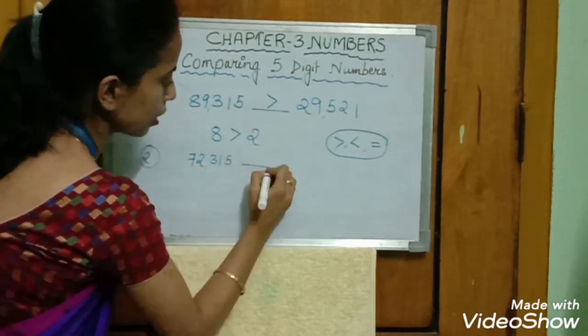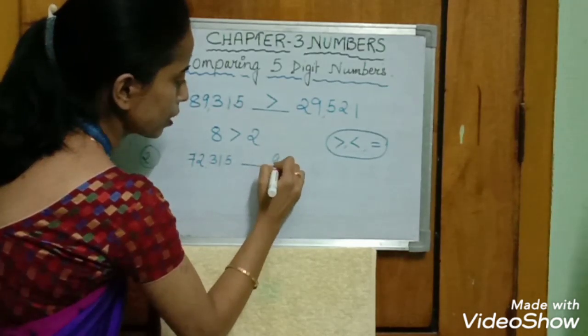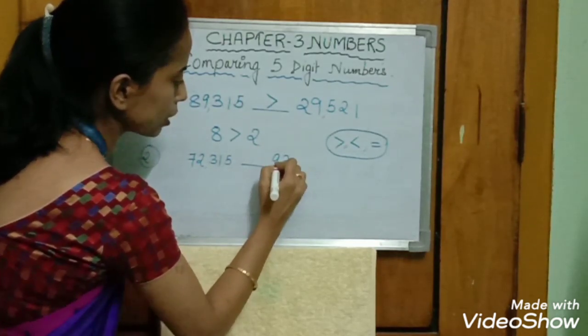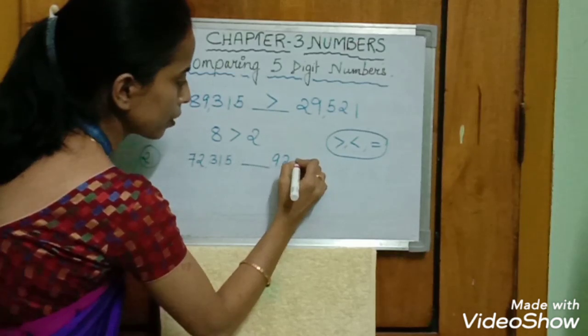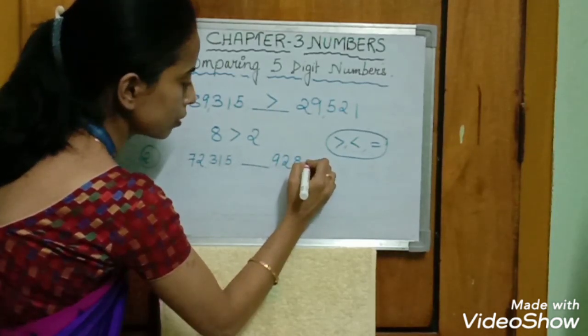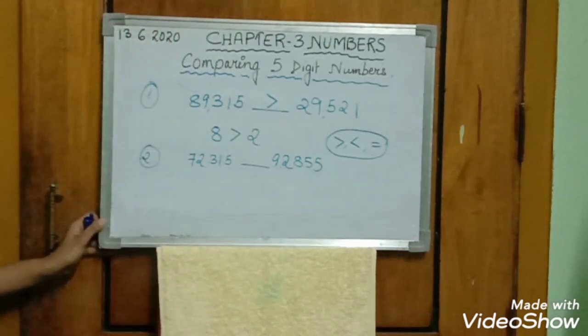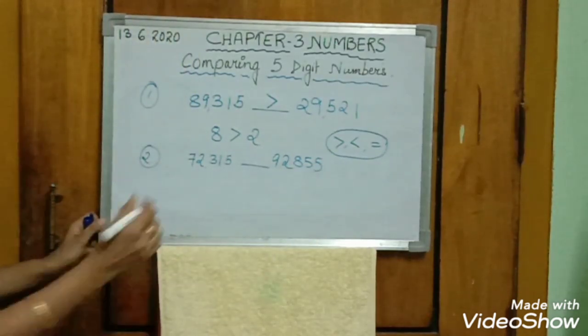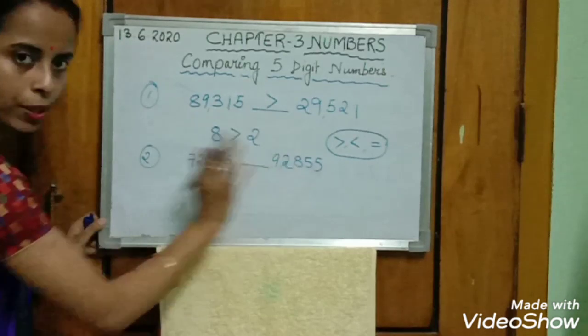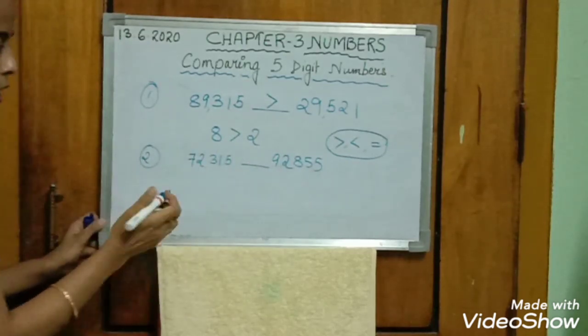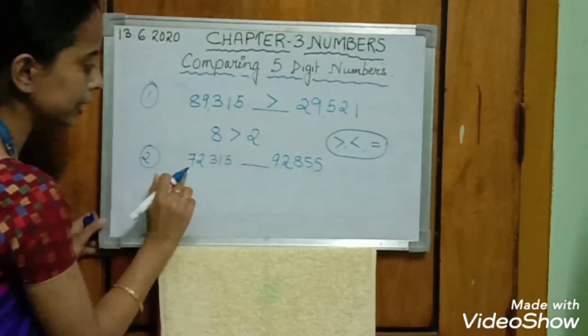72,315 and 92,855. So how will we compare these two numbers? Both are 5-digit numbers. First we will see the 10,000 place.